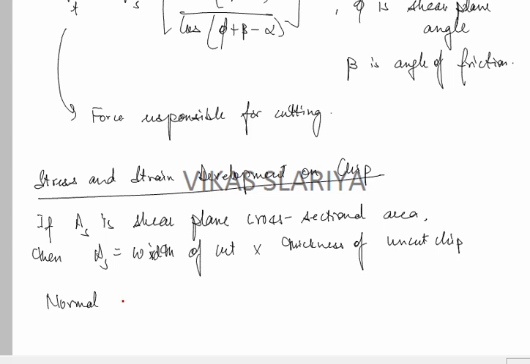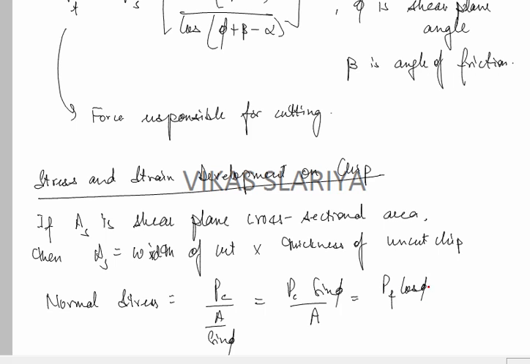Normal stress is equal to PC by A by sine of phi, which comes to PC sine phi by A. Substituting the value of PC, it becomes PF cos phi plus PT sine phi into sine phi divided by area.